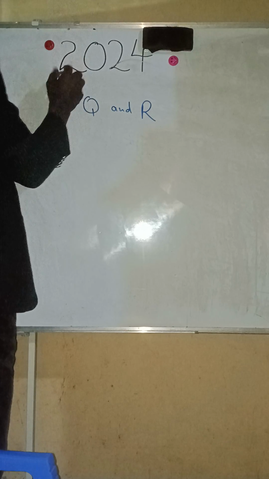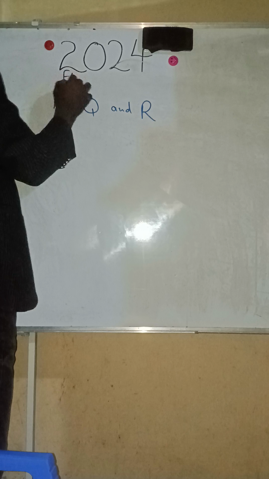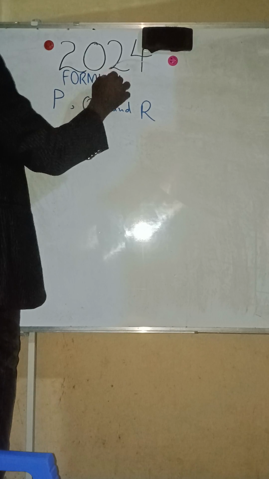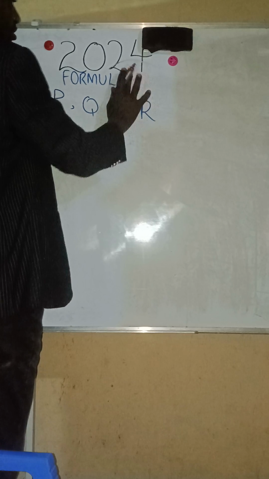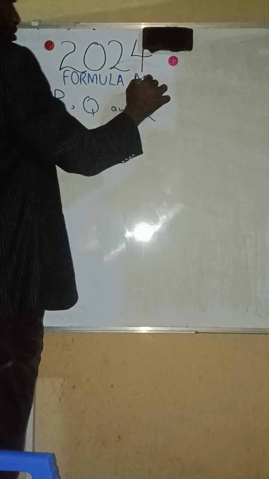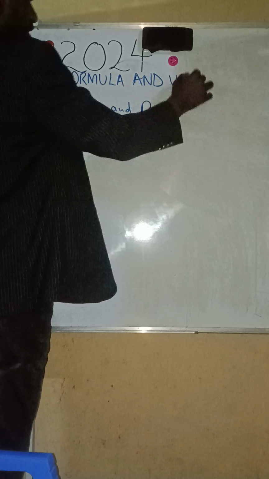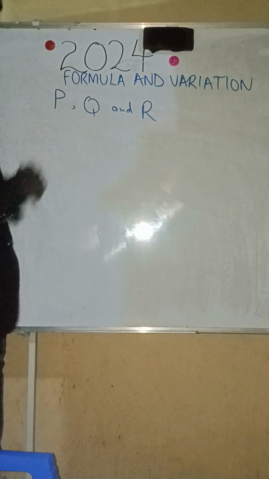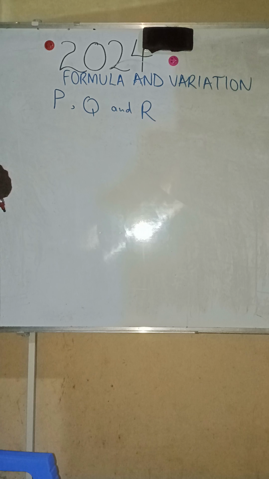I've said this topic is called formula and variation. We are told that we have three variables, P, Q, and R. How are these three variables related?